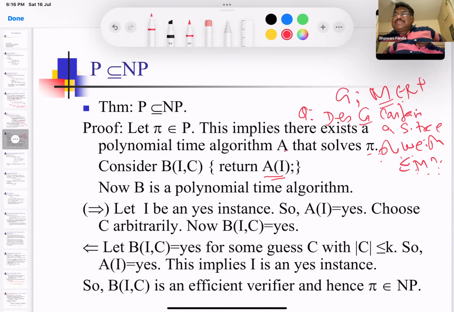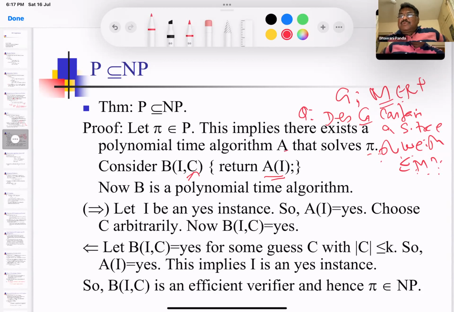So without using any certificate, even if the certificate is given, we ignore it, and we run the algorithm that solves the problem in polynomial time, and based on the answer, we say whether it is a yes instance or no instance. Here what is the certificate, sir? Here M is the certificate.